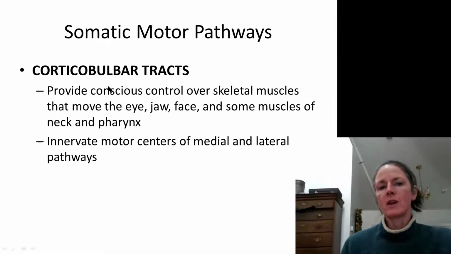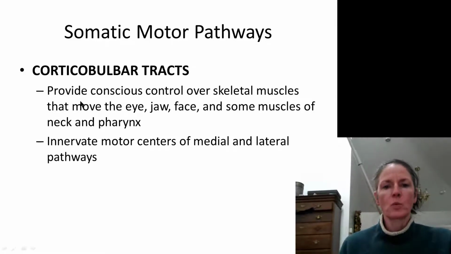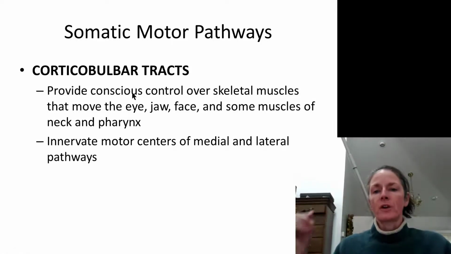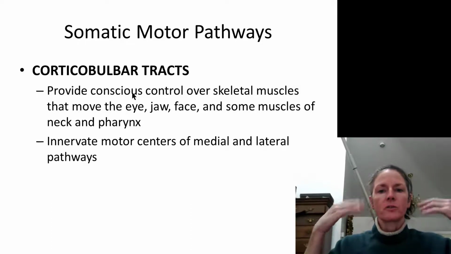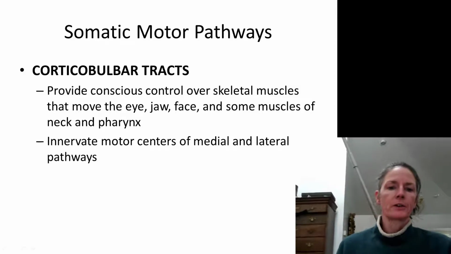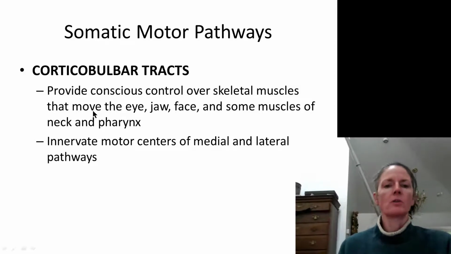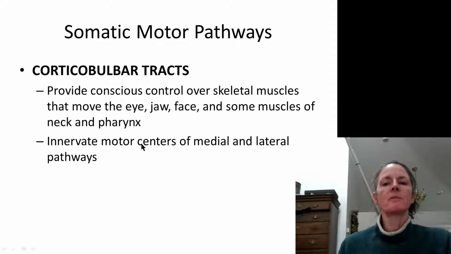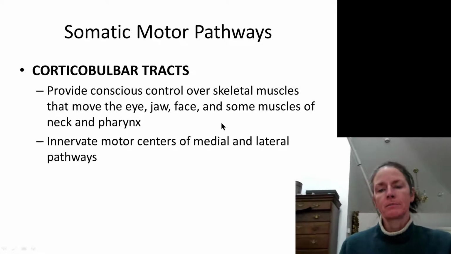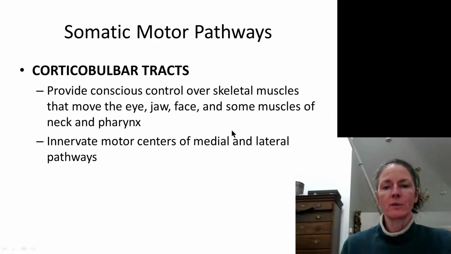All right, so as we said, the corticobulbar tract, once again, is going to provide conscious control over the skeletal muscles that are going to move your eyes, your jaw, your face, some of the muscles of the neck, and the pharynx, which is your throat. So they can also descend and innervate some motor centers of the medial and lateral pathways. So these are also brainstem pathways. Most of them are somewhere in the brainstem.